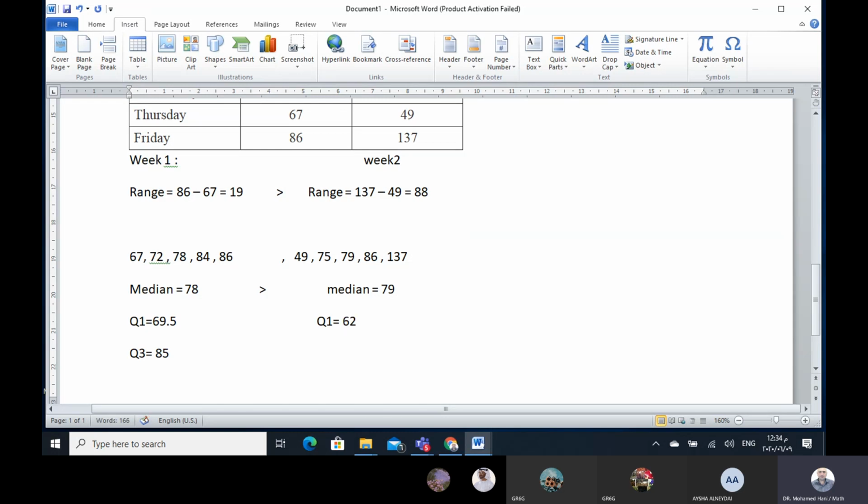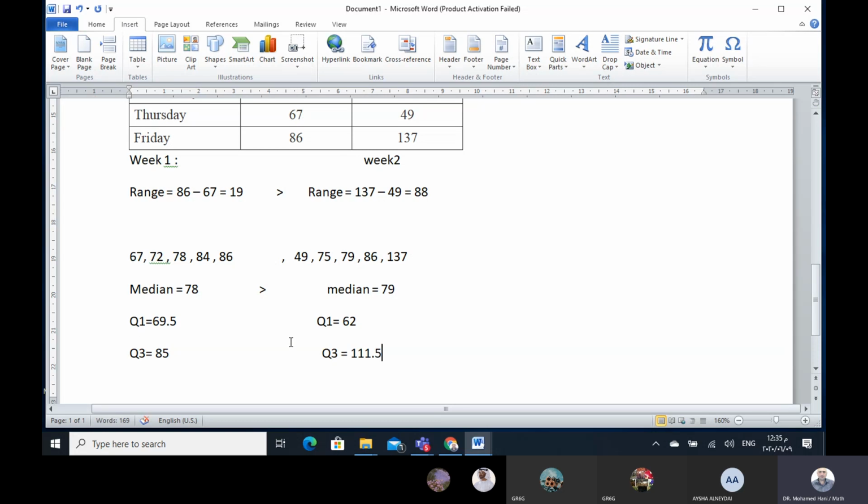Then the third quartile, take 86 plus 137 will be 223. Divide by 2 will be 111.5.